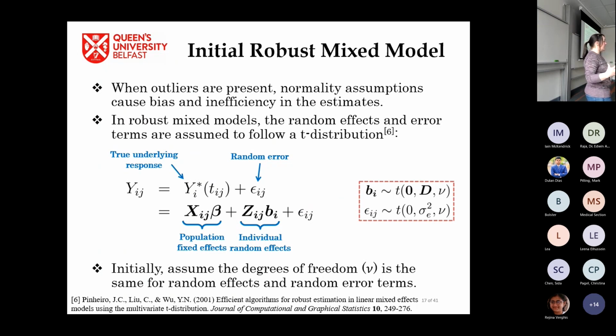That's the initial approach, so I'm just showing it as an illustration and then making things a bit more flexible later on. A common degrees of freedom assumption is quite restrictive, and we're going to see that in a couple more slides. But it's what was initially done just to see whether this is an approach we should be looking at.